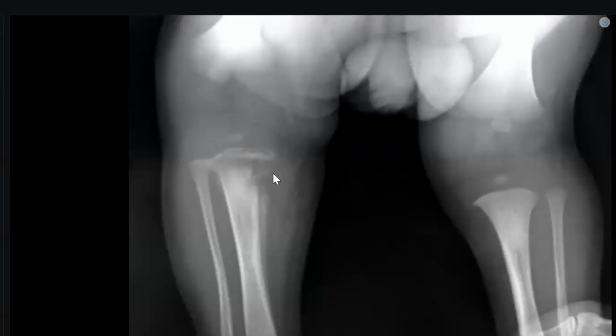So my diagnosis would be acute osteomyelitis. But this is erosion. See, this is not just irregularity and lucency. This is the metaphysis and the proximal part of the metadiaphyseal junction. Compare here. Second, see this one, sclerosis and periosteal reaction.